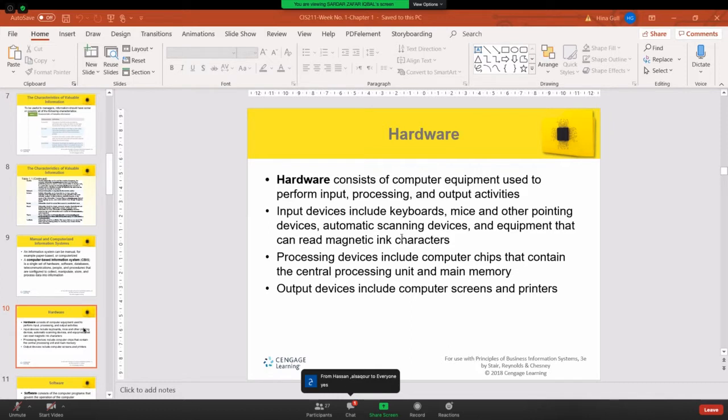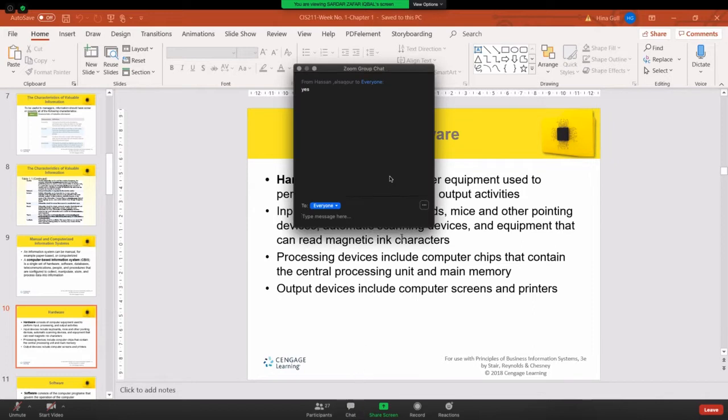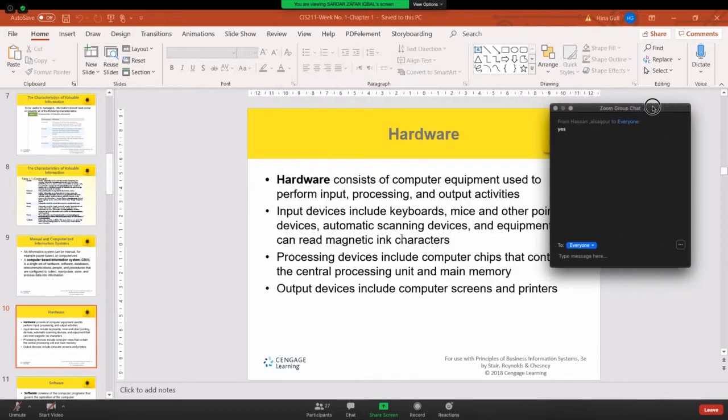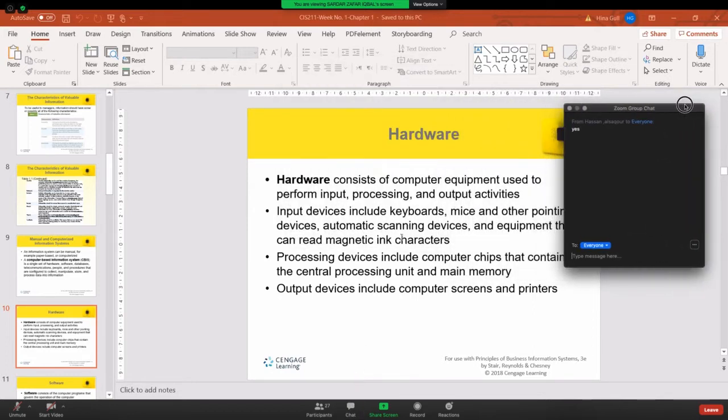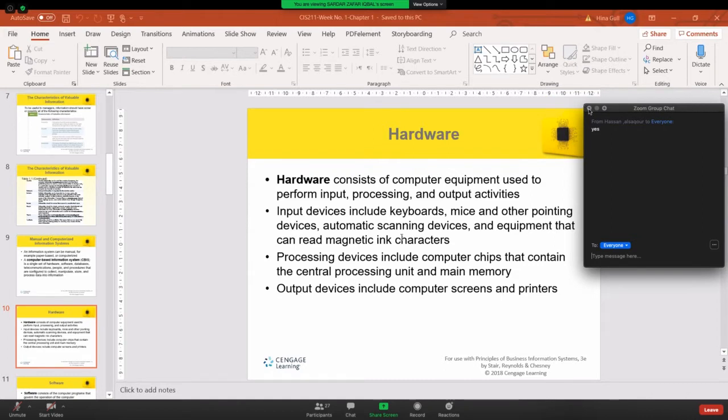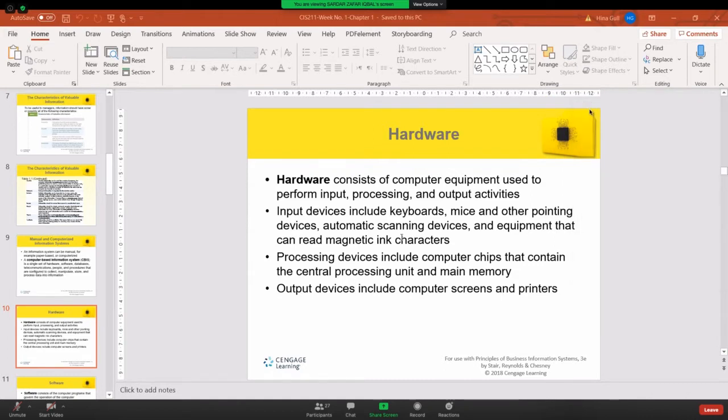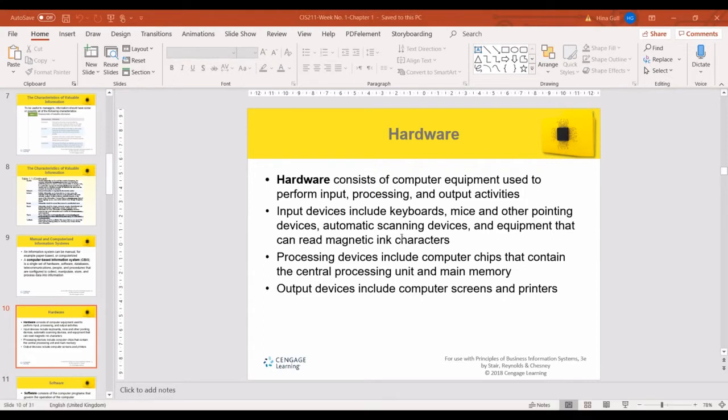So let me read this slide first, then we will discuss. Hardware consists of computer equipment used to perform input, processing, and output activities. Input devices include keyboards, mice, and other pointing devices, automatic scanning devices, and equipment that can read magnetic ink characters.